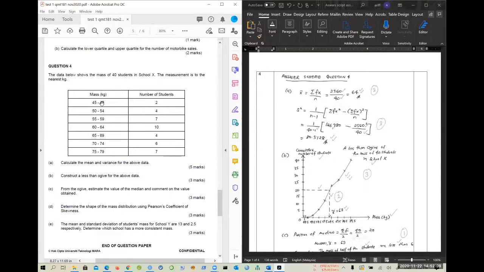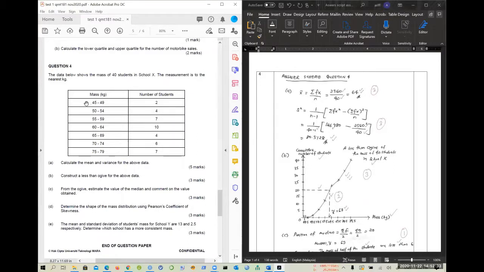So in this case, you need to find the midpoint first. So here you have a class limit. No matter whether you have a class limit here, either with the less than or more than, it doesn't matter. What you need to do in order to find the midpoint is simply take the lower plus the upper and then divide it by 2.